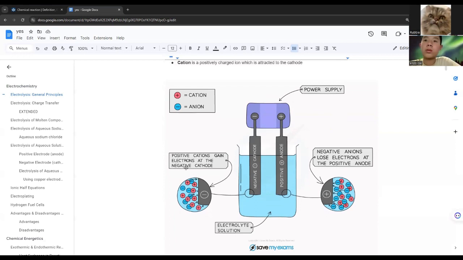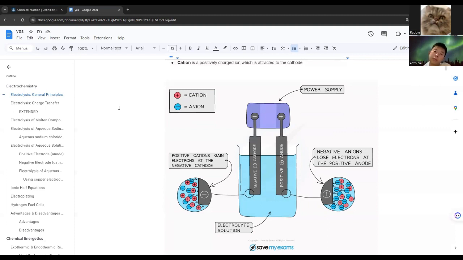Here you can see that positive cations gain electrons at the negative cathode. Cations, for example, are like hydrogen. Hydrogen is a cation like other metals. Most metals are cations, if not all. And then anions are non-metals. You just have to remember metals and non-metals. Metals, when they're in a solution or molten form, usually have a plus charge.